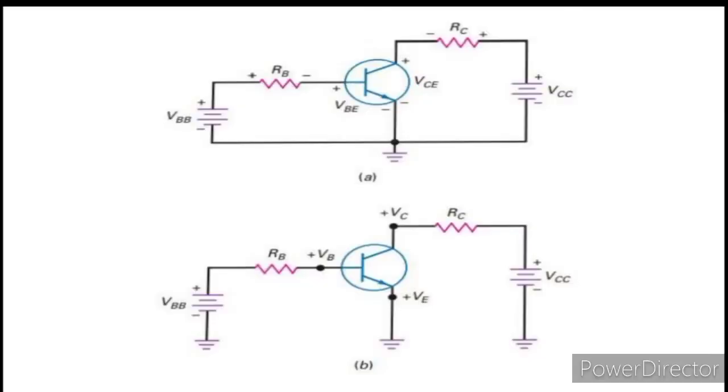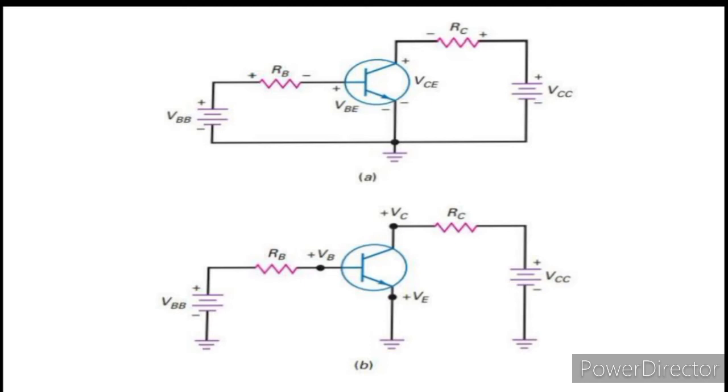The figure shows the common emitter configuration. In this circuit, the emitter terminal is common to the input and output, and is grounded. VBB is connected to the base-emitter through the resistance RB to the base of the transistor, and VCC is connected through the resistance RC to the collector and to the emitter terminal.